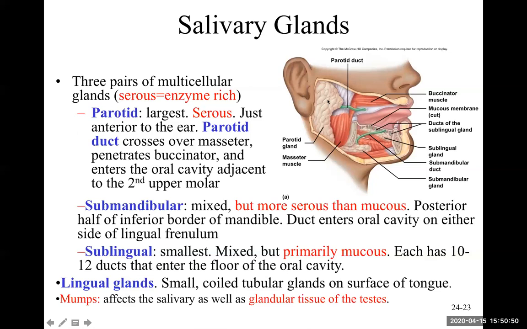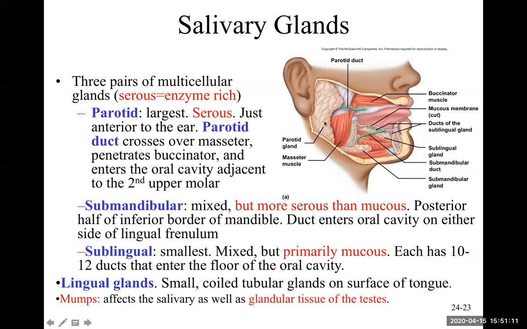Mumps used to affect a lot of kids. Measles used to affect, they said, like 90% of kids pre-vaccination. 90% of 5- and 6-year-olds were going to have measles. That's how transmissible measles is. Well, mumps is even worse because it causes a lot more pain, right?